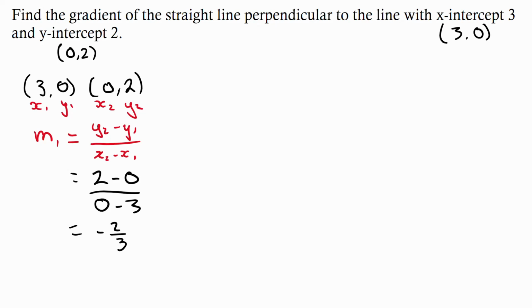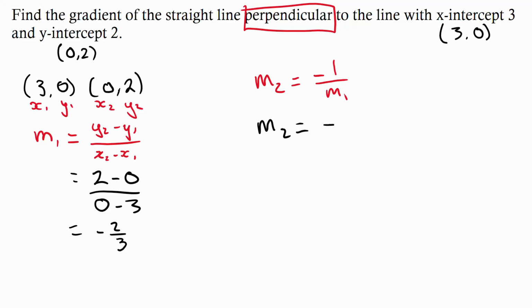Now, remember, if we're trying to find the line that is perpendicular, we're really trying to find m2 equals negative 1 over m1. We know what m1 is now, so we end up with m2 equals negative 1 over negative 2 over 3. You can put this into the calculator and our answer comes out as 3 over 2.